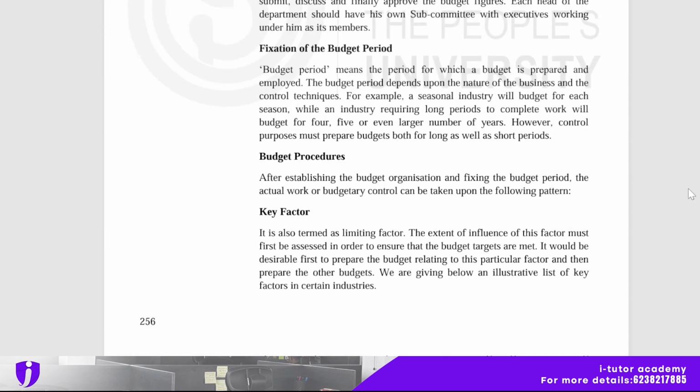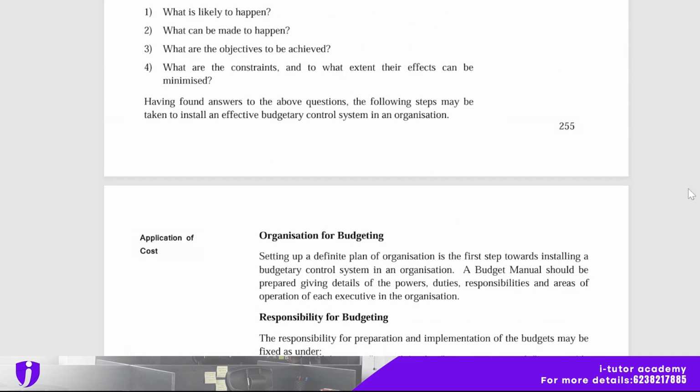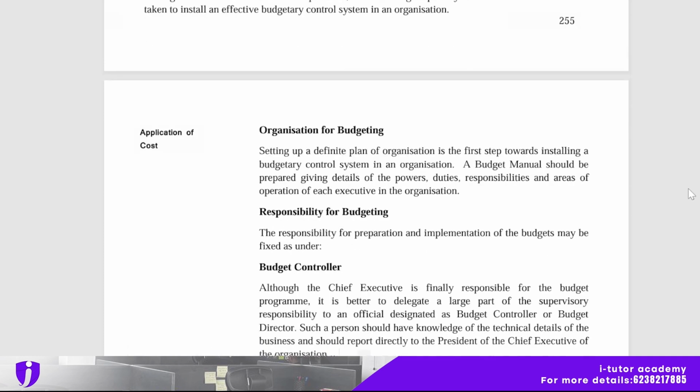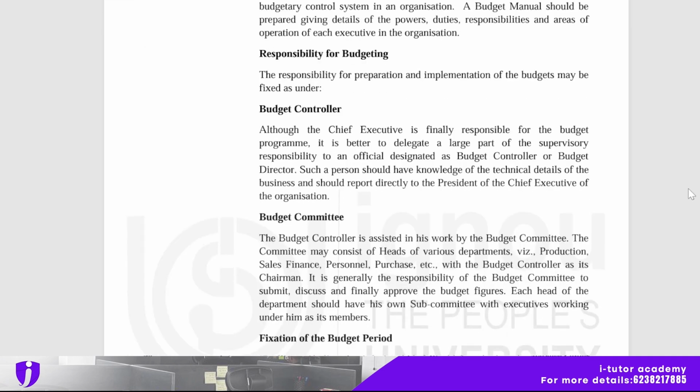So let's see one by one, and we will start with the organization for budgeting. Setting up a definite plan for organization is the first step towards installing a budgetary control system in an organization. A budget manual should be prepared giving details of powers, duties, responsibilities, and areas of operation of each executive in the organization.